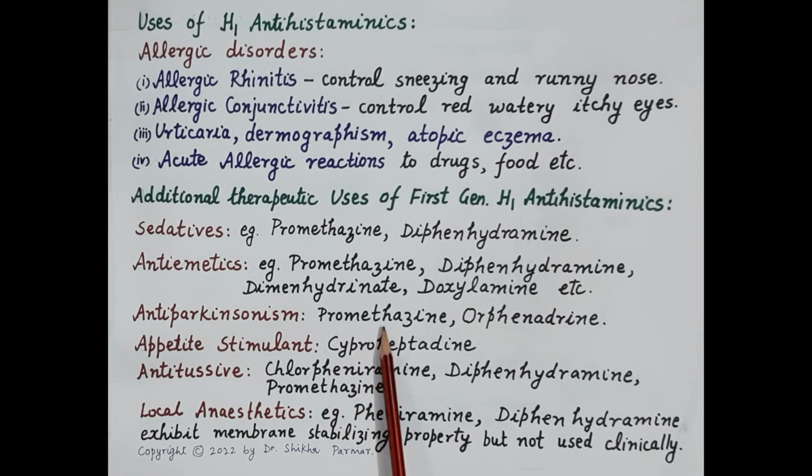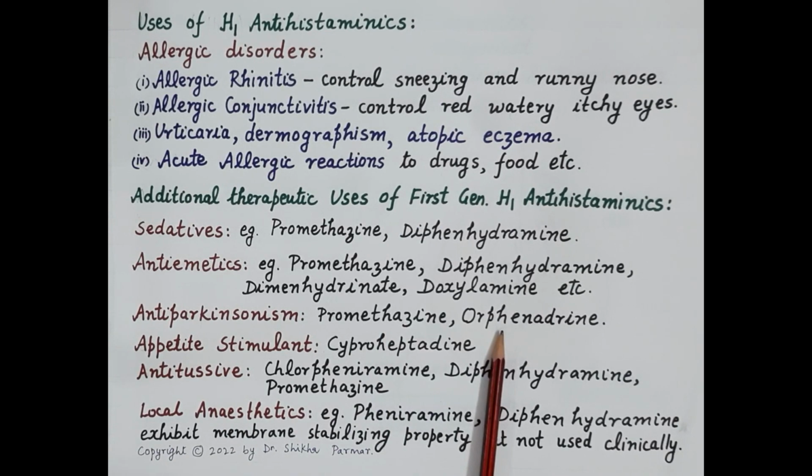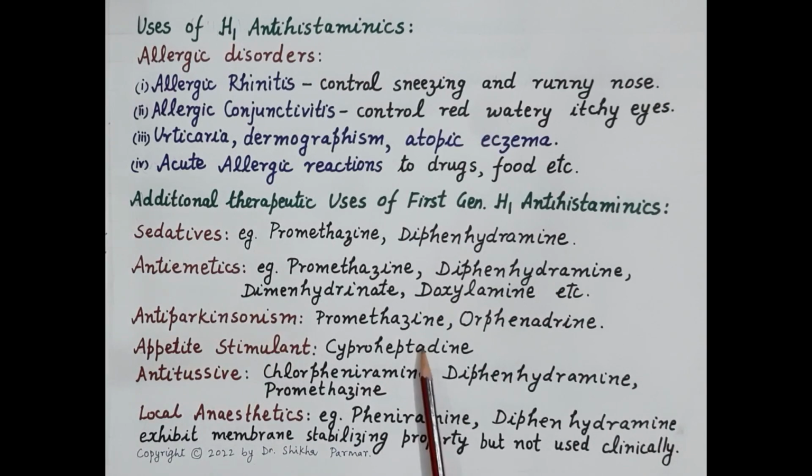Drugs like promethazine or phenadrine exhibit central anticholinergic activity and therefore they are useful in improving symptoms like tremor and rigidity of Parkinsonism. Cyproheptadine is an appetite stimulant.